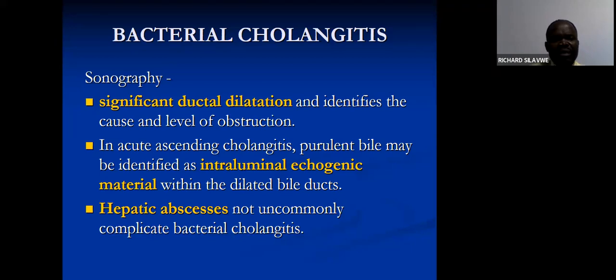Then in acute ascending cholangitis, purulent bile may be identified as intraluminal echogenic material within the dilated bile duct. Hepatic abscesses not uncommonly complicate bacterial cholangitis.